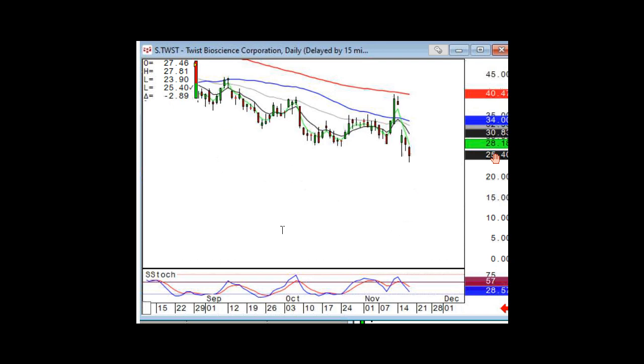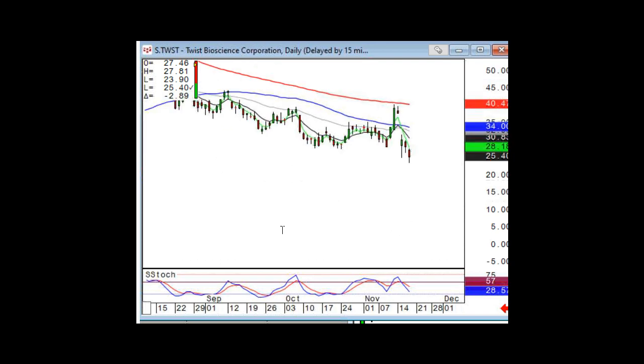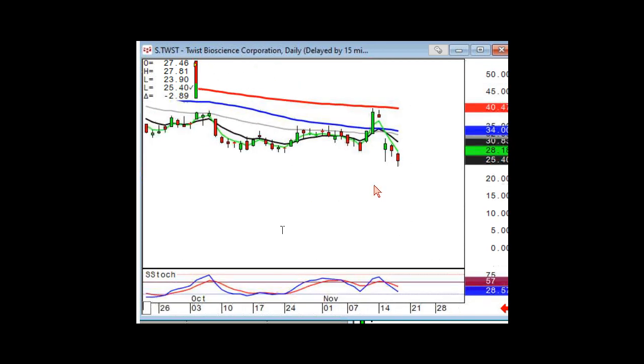Twist. Failure. Gap down through this level. What's that gap down imply? They're going to keep taking this right on down.